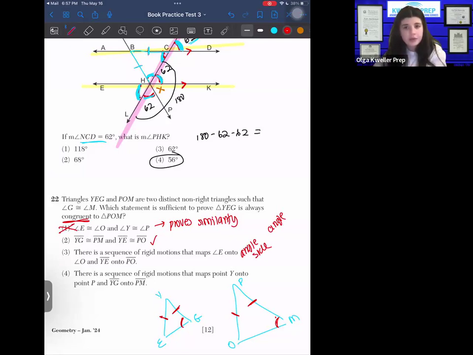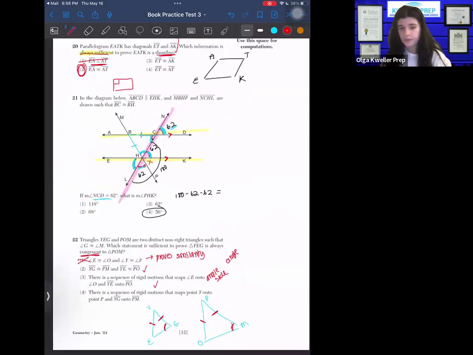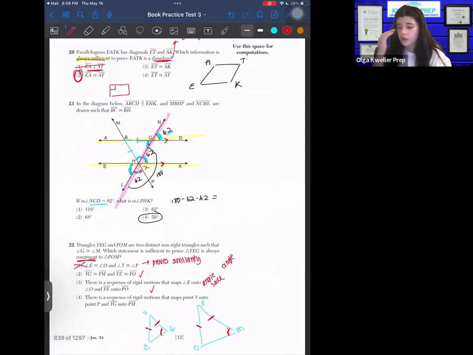Yeah, angle, angle, side is also a proof. So I think that there must be a mistake in this one because I think there's two correct answers. Because the answer key is just saying 3, but I think both 2 and 3 are correct. Okay, so 2 by side angle side and 3 by angle angle side.